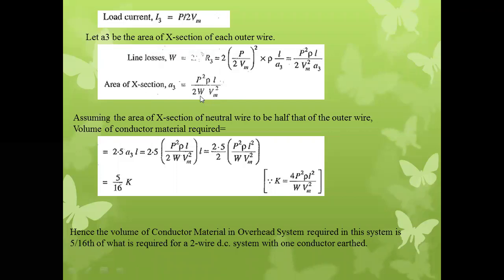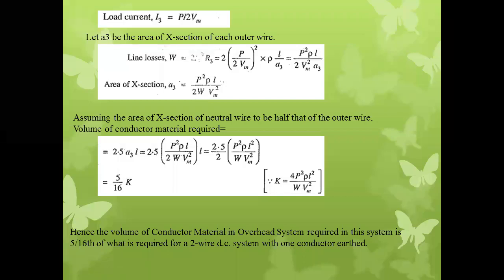Remember that we have to follow the same procedure for every supply scheme in order to get the volume of conductor.